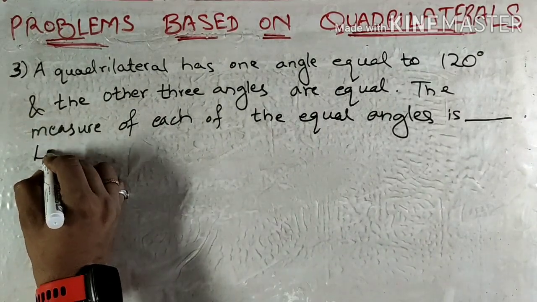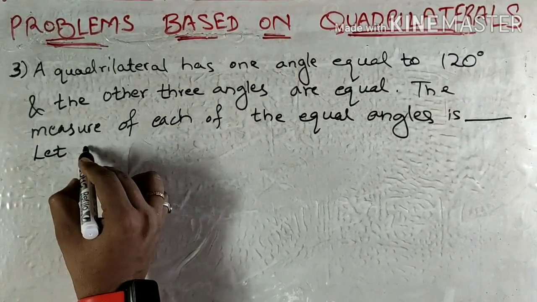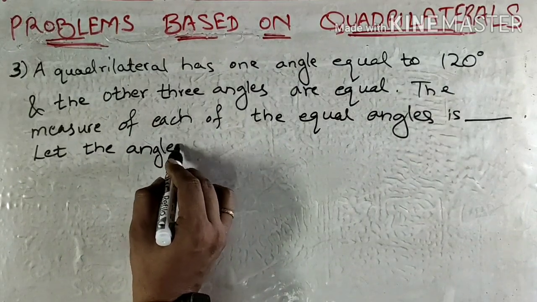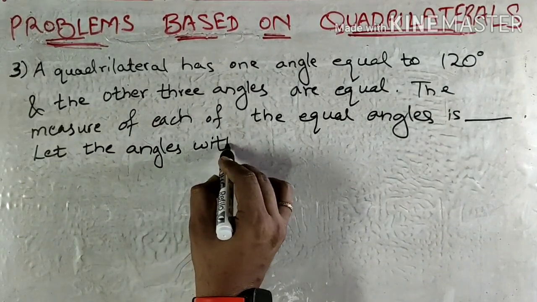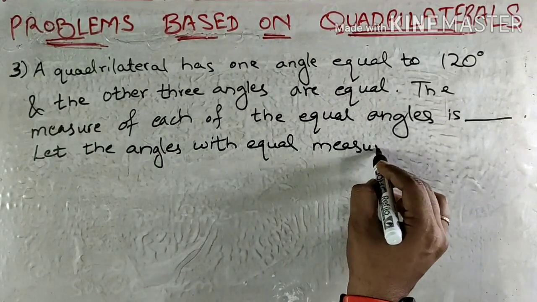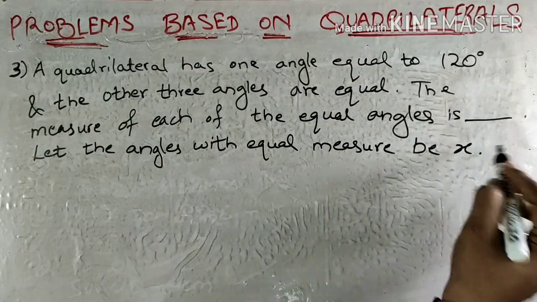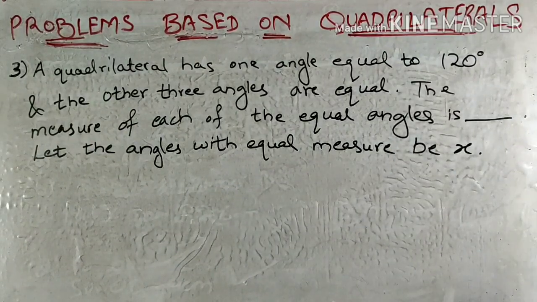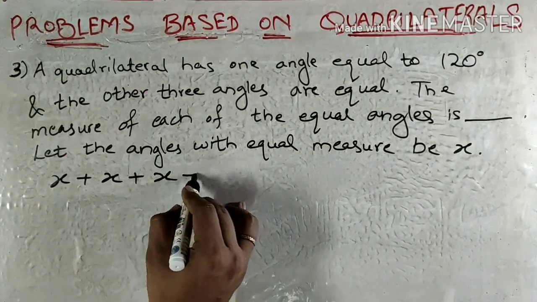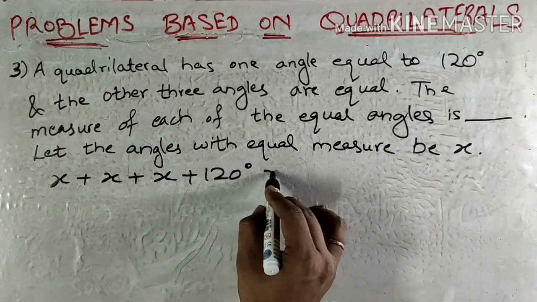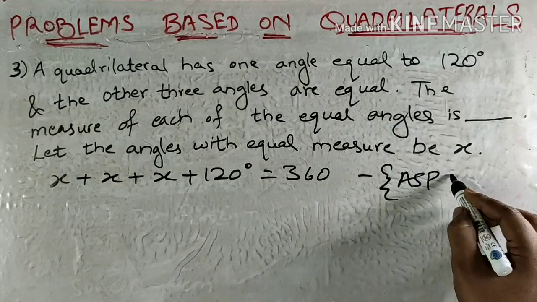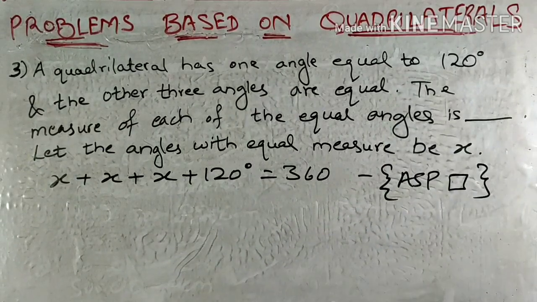So let the angles with equal measure be x. According to the angle sum property, x plus x plus x plus 120 degrees should give me 360 degrees, the reason being ASP of a quadrilateral, that means angle sum property of a quadrilateral.